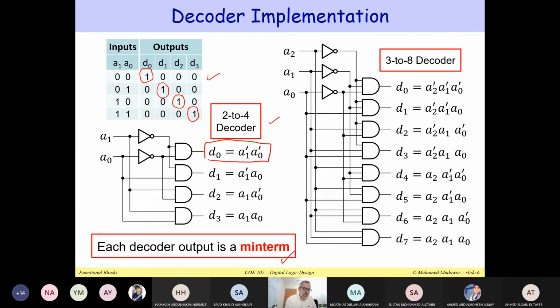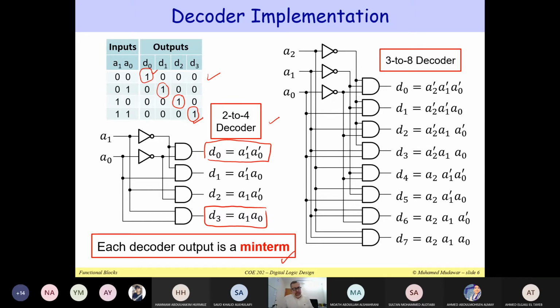It means that D0 is equal to 1 only in one case, when A1 equals 0 and A0 equals 0. Whereas D3 is equal to A1 A0, indicating that D3 is equal to 1 only in one case, when A1 equals 1 and A0 equals 1.